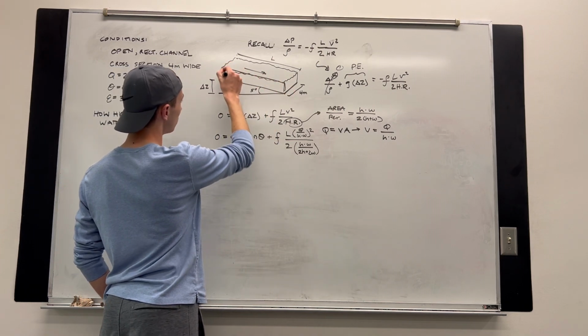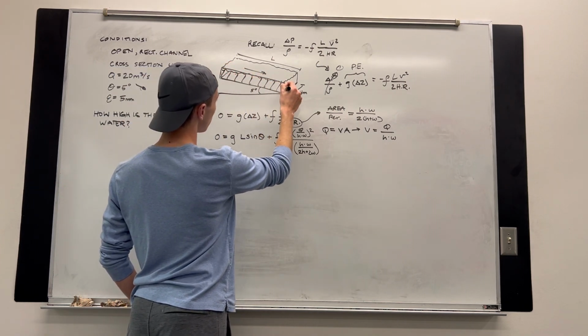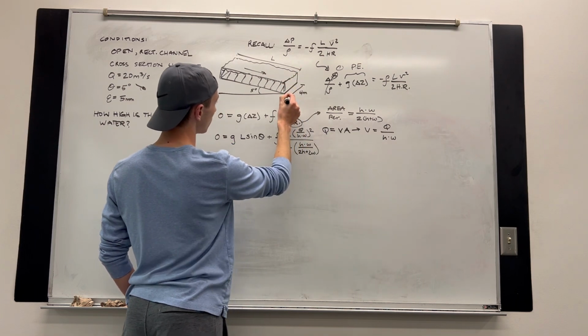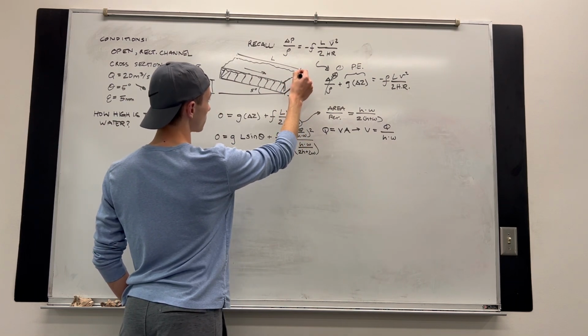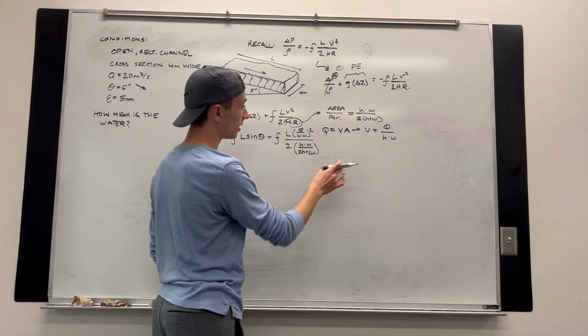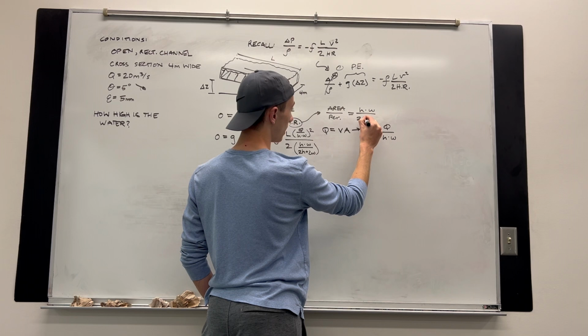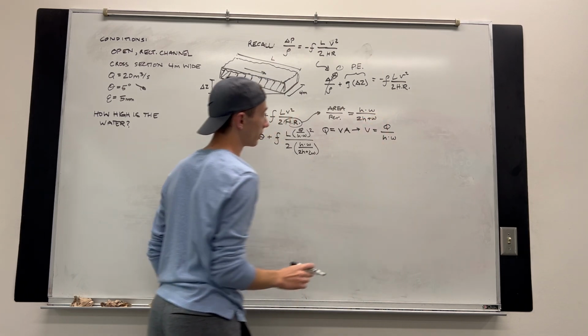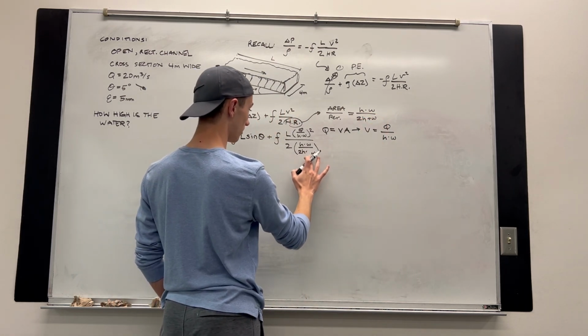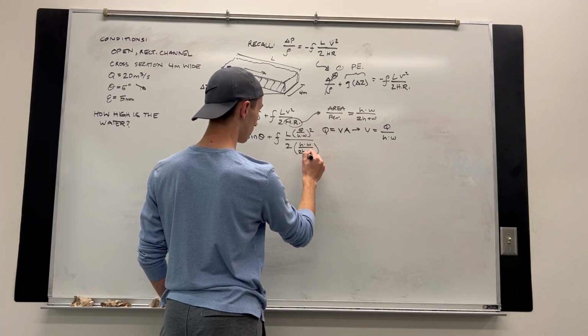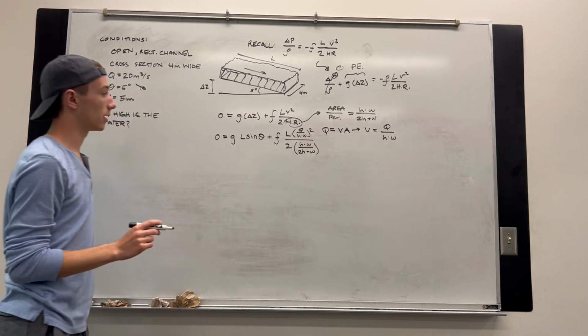It's open air, right? So there's contact along here and along the bottom and along the other side, but not the top. So we should fix this. It's really only 2 times the height plus 1 times the width. Okay, so that looks a little bit better.